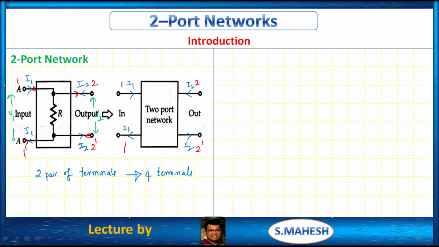What is an example of a two-port network? Simply, the rectangular box which contains the equivalent circuit of the circuit.